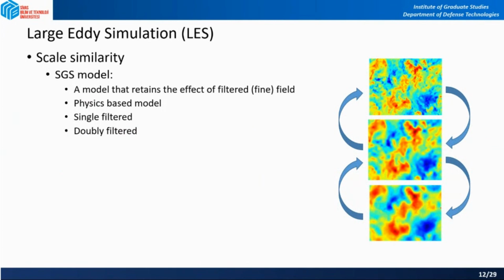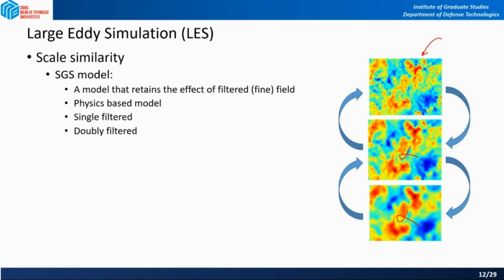The question is this: when you are doing LES and solving filtered equations, the field you get is the filtered one. So you get either this field or this field doing LES. But in reality, in order to get a field the same as the original one, you need to somehow model the effects of all the details that are being lost.